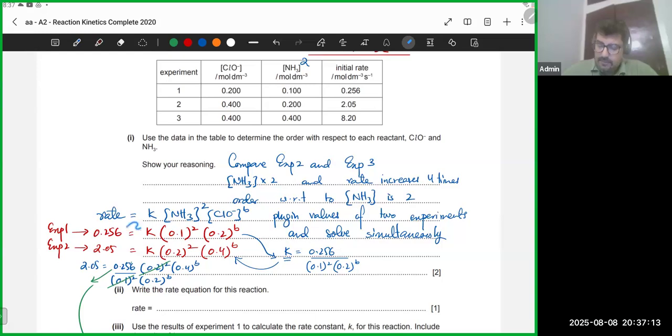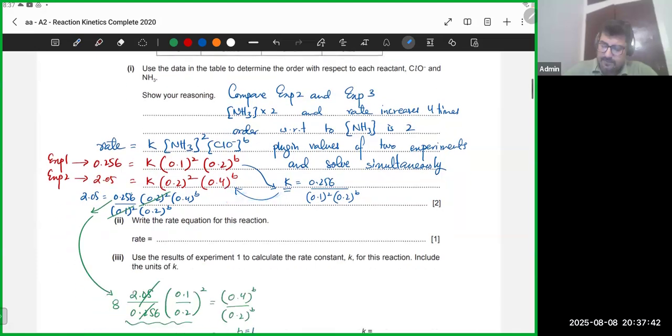So what do you have to do? You've got a partial rate equation now because you figured out that ammonia is order 2. You don't know what the power of ClO minus 1 is. So plug in the values of any two experiments, experiment 1 and experiment 2. I took k of the first one, made k the subject of the equation, and then used that k and plugged it into the second equation.